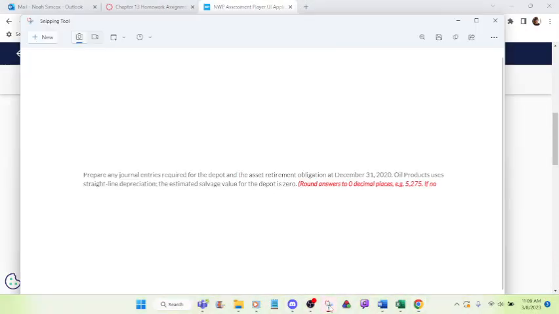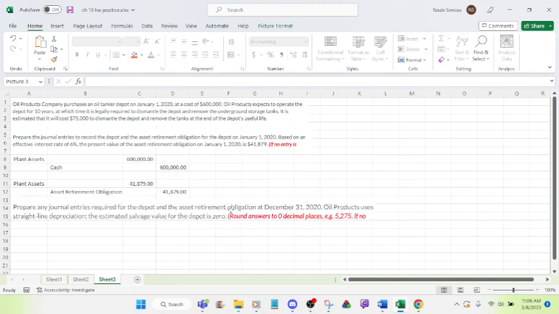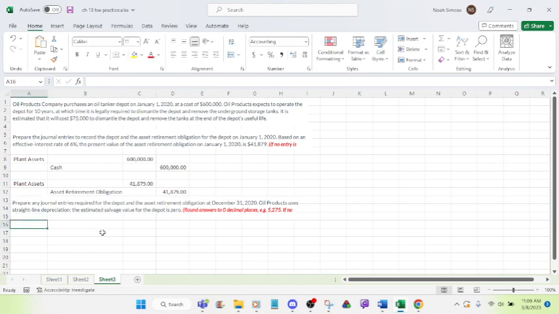Dang, you didn't do it. Journal entries required for the depot and the asset retirement obligation at the end of the first year. So first of all, the depot will depreciate and the asset retirement obligation thing will depreciate.